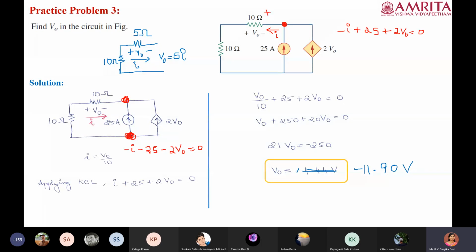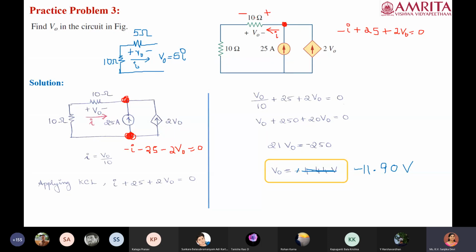So what will be the correct polarity of the voltage drop across the 10 ohm? When current is flowing through the 10 ohm in this particular direction, the polarity has to be this one, right? Because there will be a voltage drop across this resistor when current is flowing in this direction. So the terminal where it is entering will be positive and the terminal where it is coming out will be negative.